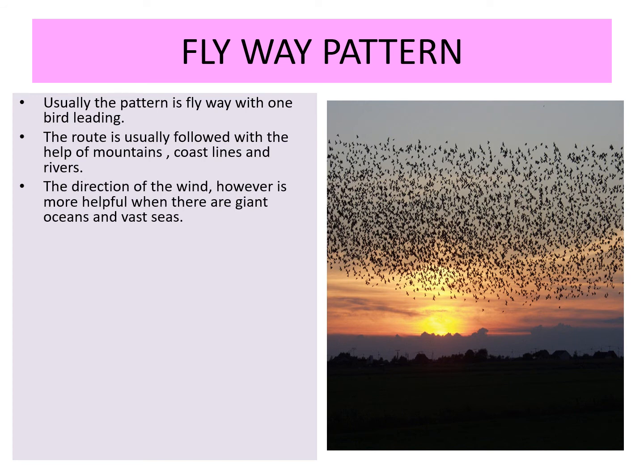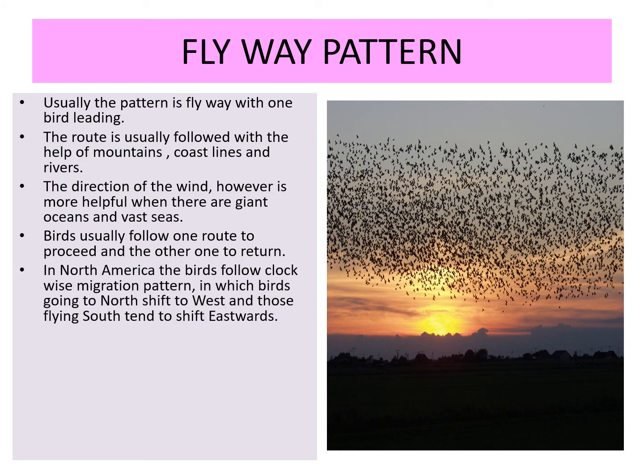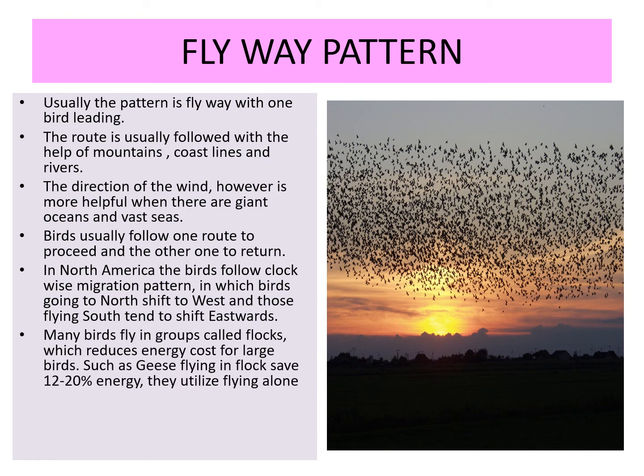The direction of wind, however, is more powerful when there are giant oceans and vast seas. Birds usually follow one route to proceed and another one to return. In North America, the birds follow a clockwise migration pattern in which birds going north shift to the west and those flying south tend to shift eastwards.